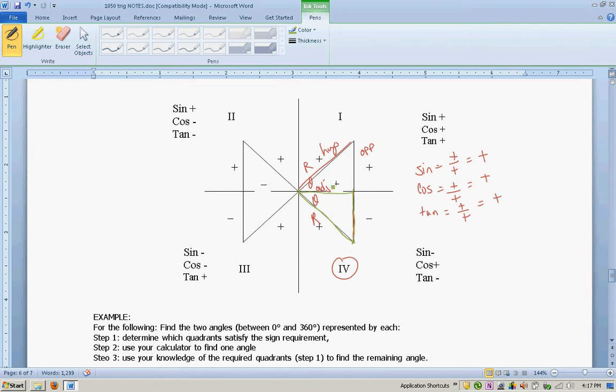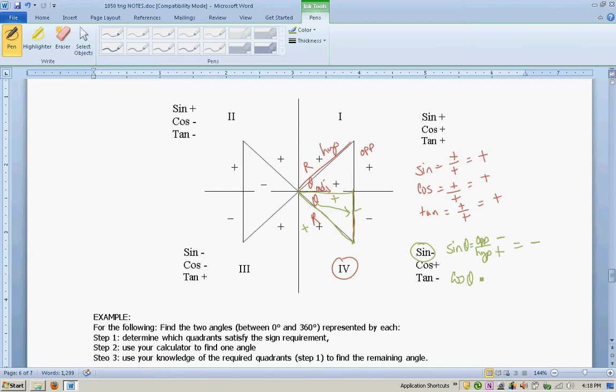And notice that the x value is positive and the y value is negative, and the hypotenuse, the r value, is always positive. So if we figure the sine of that angle is equal to the opposite over the hypotenuse. The side opposite my angle is a negative value. The hypotenuse is a positive value. That yields a negative value for sine, which is what this says.